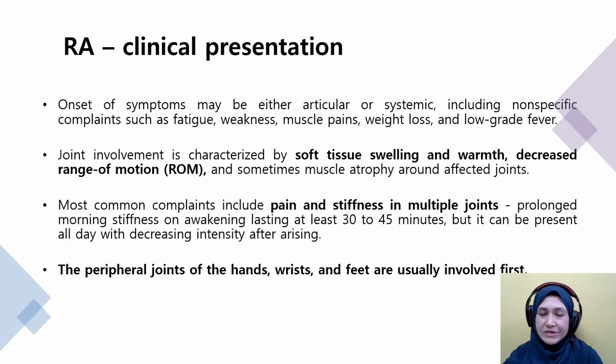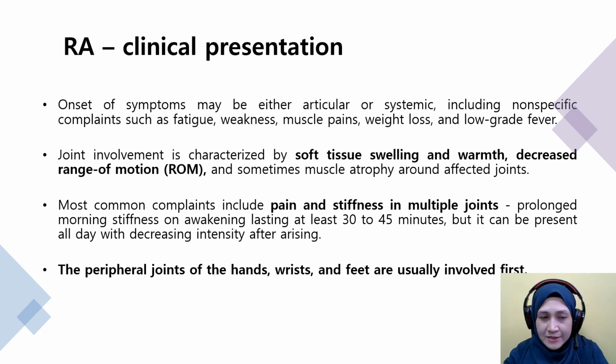So the clinical presentation of rheumatoid arthritis is mainly the swelling of the affected area. For example, the patients can have a swollen finger, especially on the joints, and decreased range of motion. And some common complaints may include pain, because the swelling is most commonly associated with pain in the area, the warmth and stiffness of multiple joints.